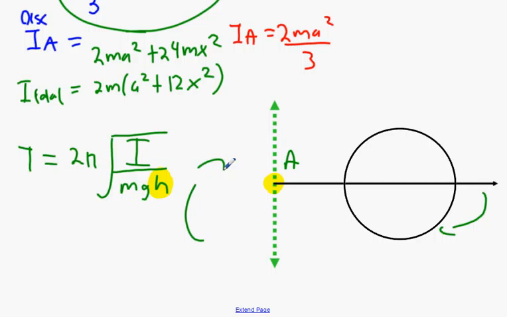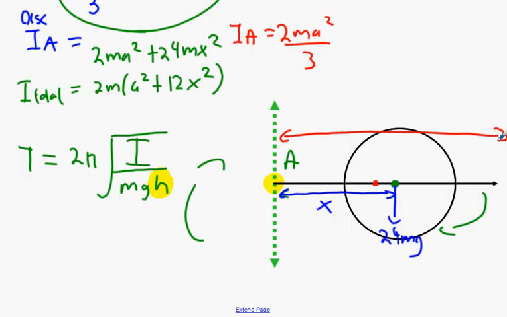Okay, center of gravity of the disc is how far away? Center of gravity of the disc is x away. 24 mg going straight down. Now, how far is the center of gravity of the rod? It's a total length of 2a, so we can call it a length a. What weight's the rod again? mg.